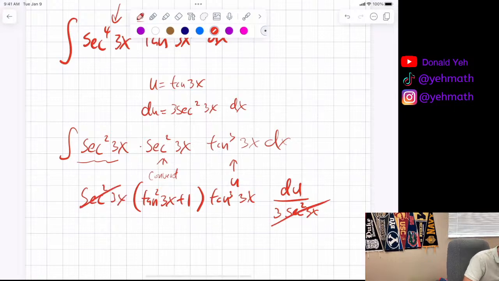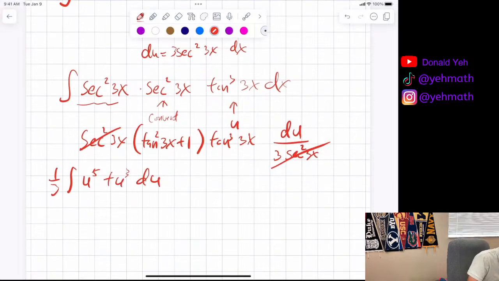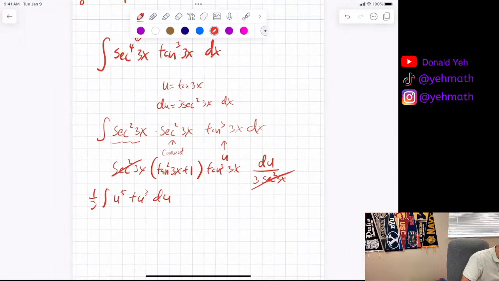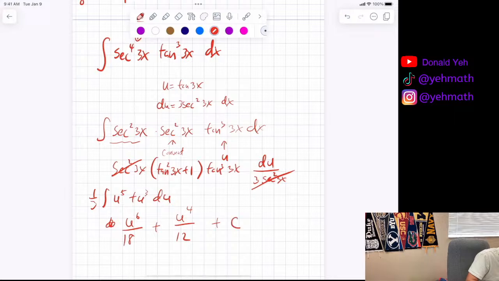Those will cancel out completely except for 1/3 in the front, and that's going to be the integral of u to the 5th plus u to the 3rd du. That's u to the 6 over 6, but times 3, so it's 18, and u to the 4 over 12, plus c.